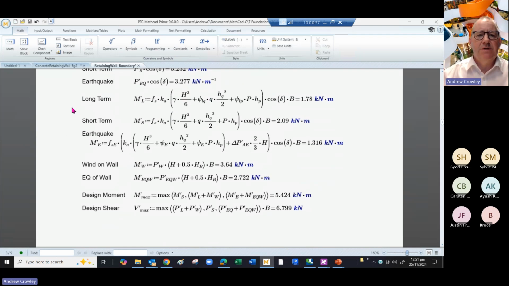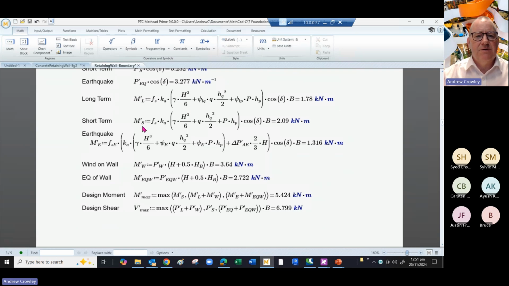Looking at long term, you just take those forces that you've worked out above, some due to the soil, some due to the surcharge, and multiply it by the lever arm required, and you get a 1.78 kilonewton meters of moment.